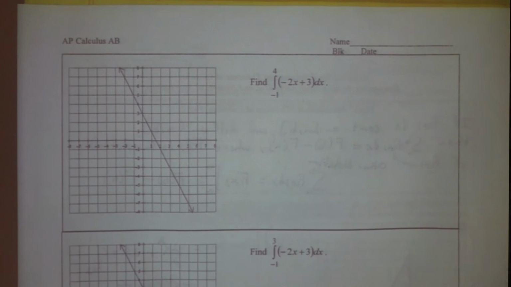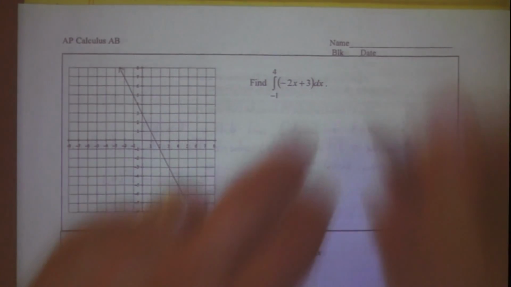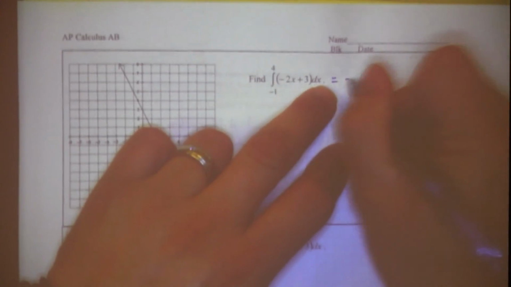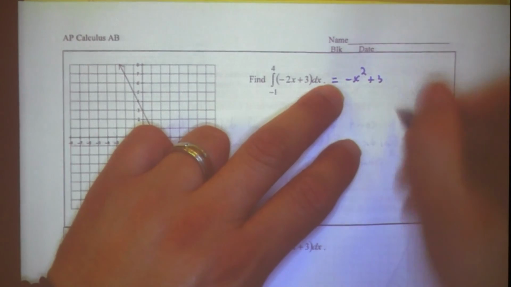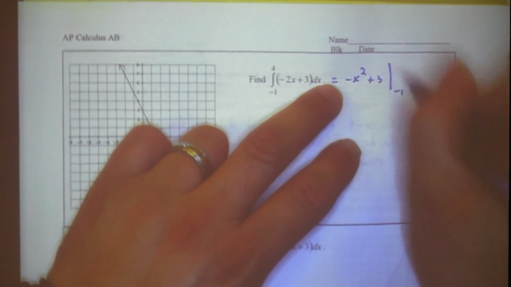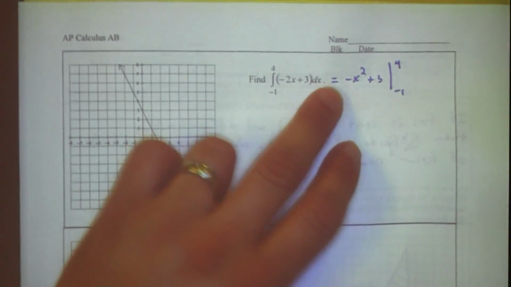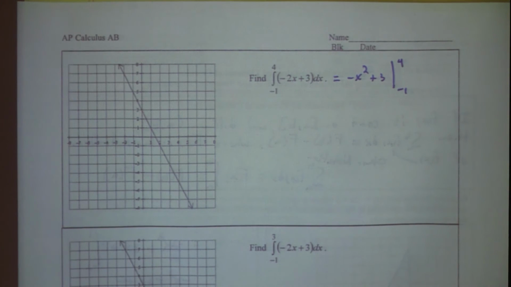Look at this one here. Now we're changing the interval. We're going specifically from -1 to 4. Still the same function, right? So we get negative x squared plus 3x for our antiderivative, but now it's from -1 to 4. For some of you, this kind of seems annoying and repetitive, but there's still some people telling me to plug in the wrong number first, right?